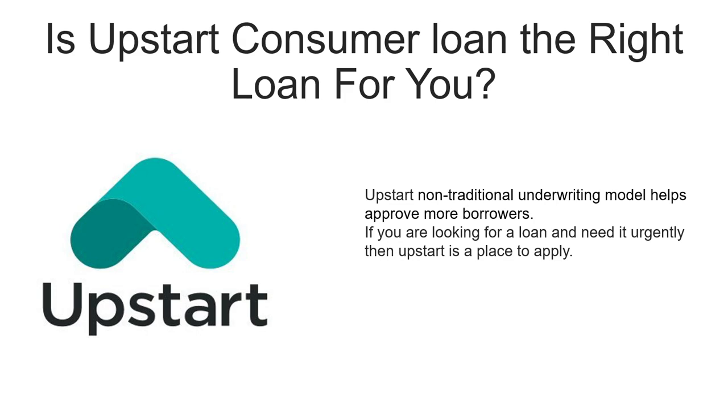Another good thing about the Upstart AI model is it has approved 43% more Black borrowers than a traditional model, at 24% lower APRs, and 46% more Hispanic borrowers than a traditional model, at 25% lower APRs. So its AI is definitely able to help different segments of borrowers by race and others.